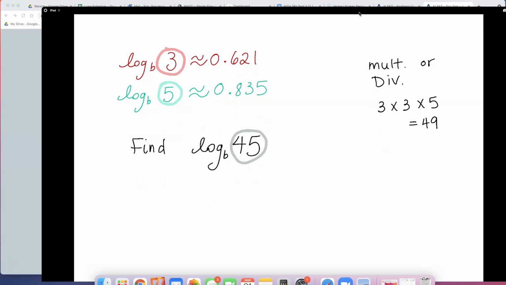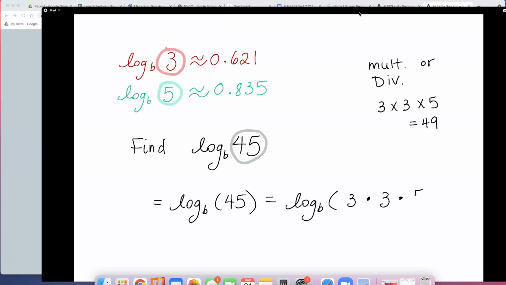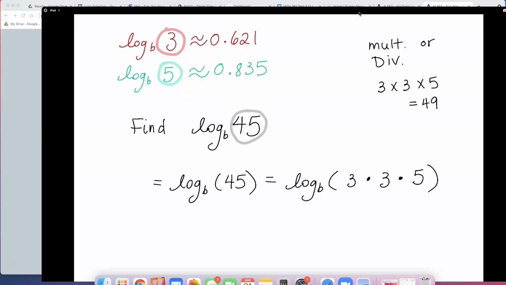So what does that mean? Take a look. I can break down log base b of 45 as log base b of 3 times 3 times 5. You agree with me on that, right? And 3 and 5 are the puzzle pieces that we were given.